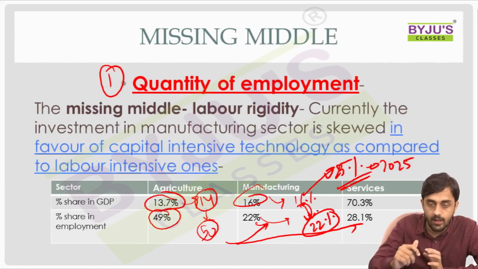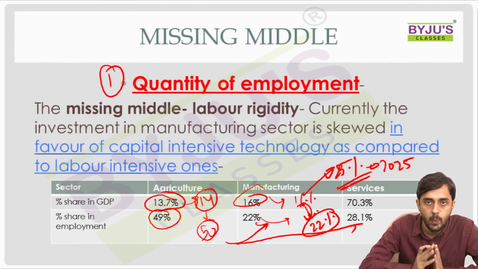So even here, there is a disparity between the people dependent upon the manufacturing sector and the value generated in terms of GDP.